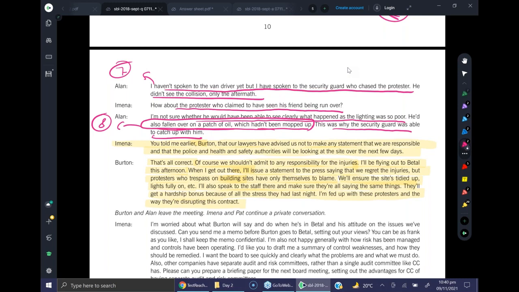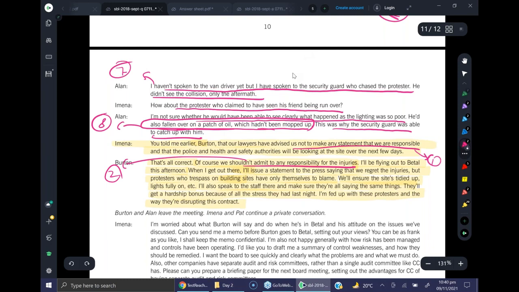Number 1, not admitting to the mistake and not making the statement. The first thing is not making a statement. Then shouldn't admit to responsibility. The attitude is wrong. That's unprofessional. We don't know. We can't say we don't have any responsibility. And then this person leaving Beetle, the country, and then making a generic statement. Do you think overall leadership is missing?